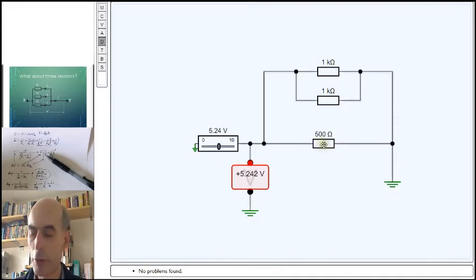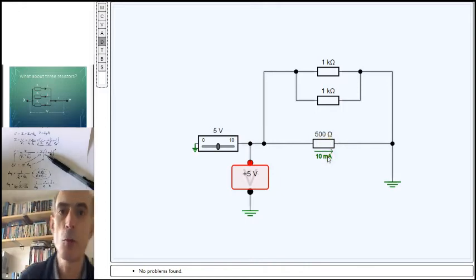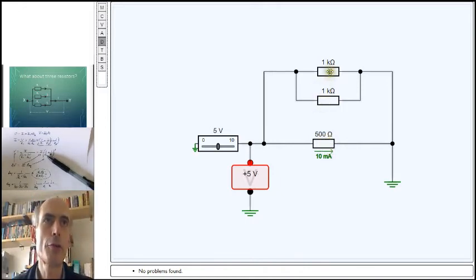Now, the current through the 500 ohm resistor is, let's put this in the middle so we get a nice round number, 10 milliamps. 5 volts divided by 500 ohms is 0.01 or 10 milliamps. The current through the 1K resistor will be 5 milliamps, because we've got 5 volts across a 1K resistor. So the current through this resistor is 5 divided by 1000 or 5 milliamps. And equally, we have 5 milliamps through this resistor as well.